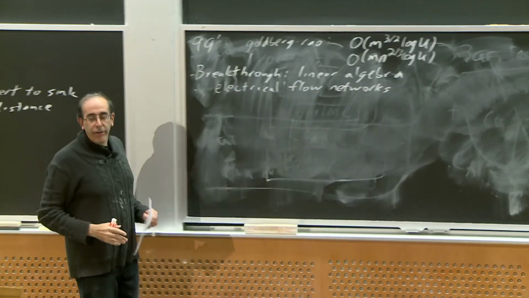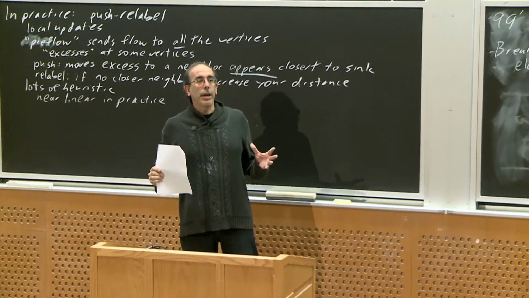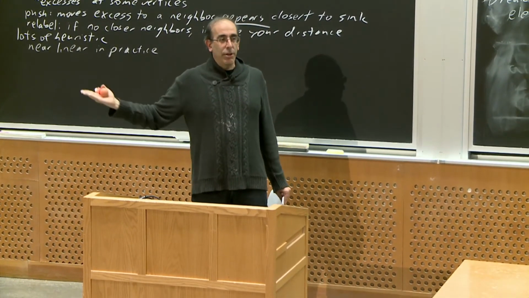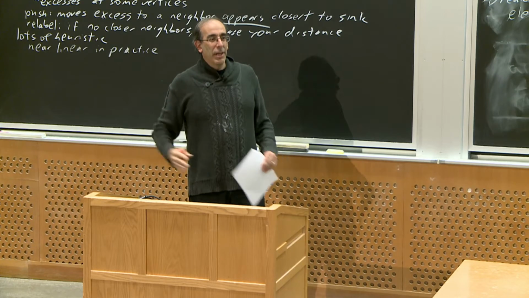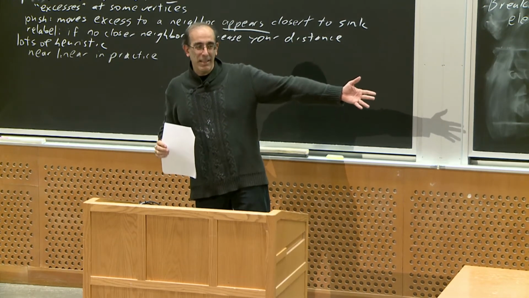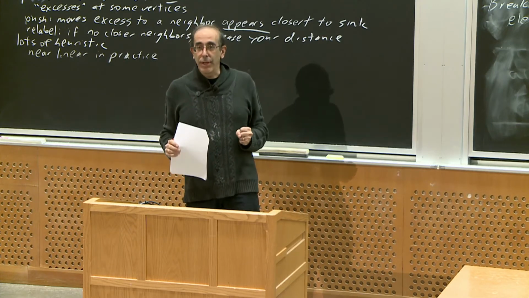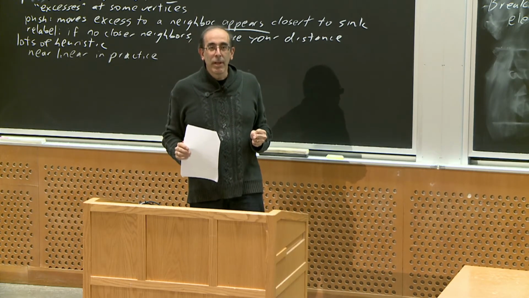So the idea here is that if you make an electrical network out of a bunch of resistors, and you put a voltage at a source and a ground at a sink, then there will be current flow through that electrical network, right?